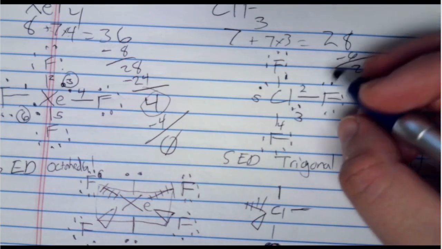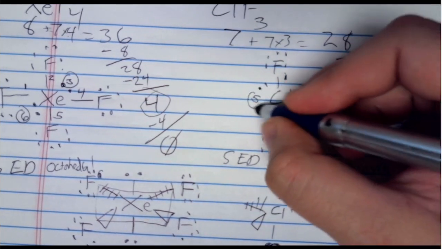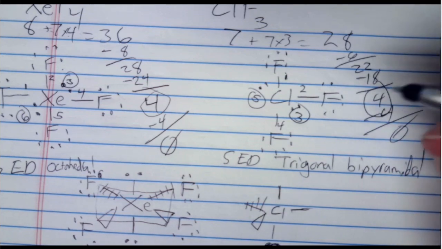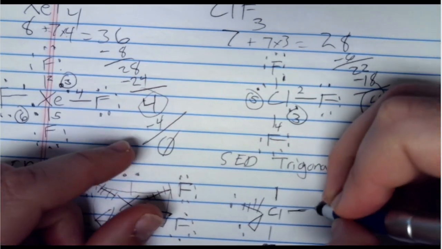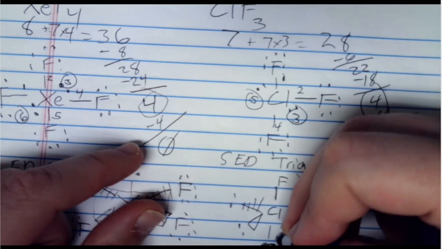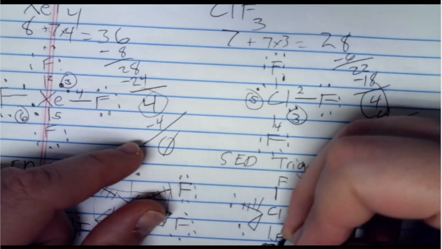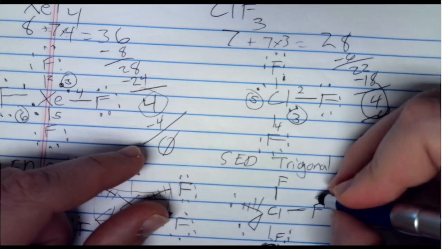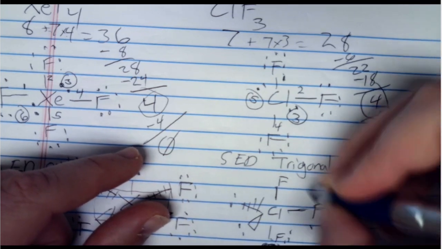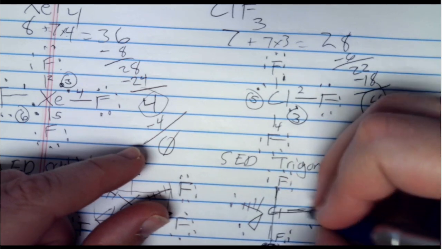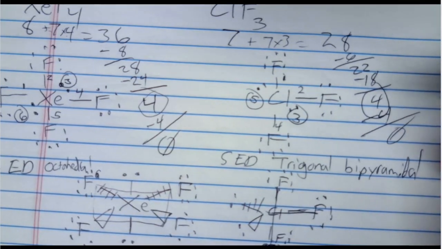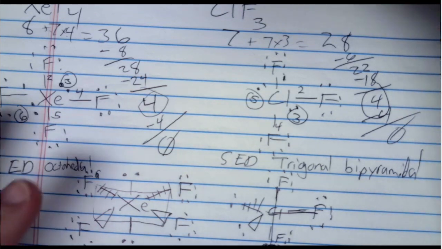Now, how many of them are lone pairs? 1, 2. So, we put the lone pairs here. F, F, F. And it becomes our T shape. It's T shape because it's adopting the T. You would not necessarily see that right away without drawing that out. Sometimes it's obvious, sometimes it's not.